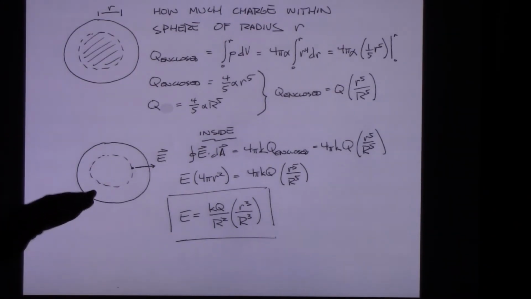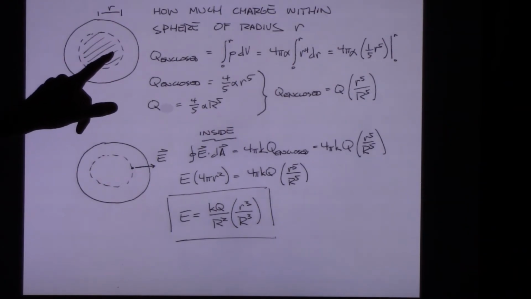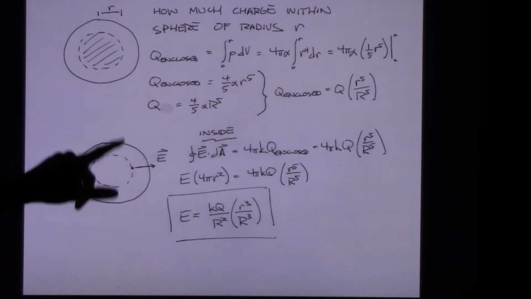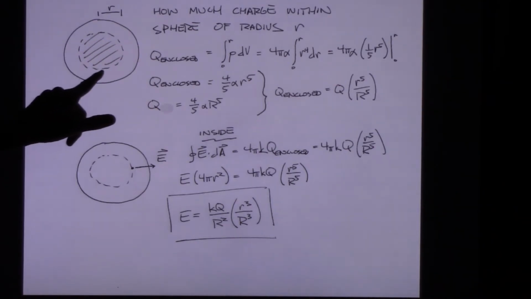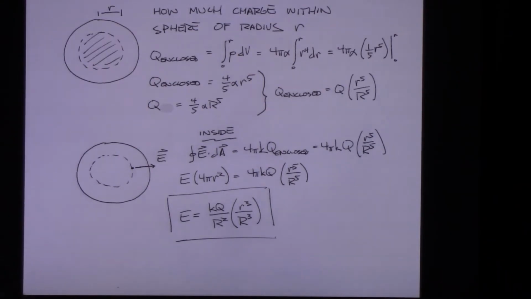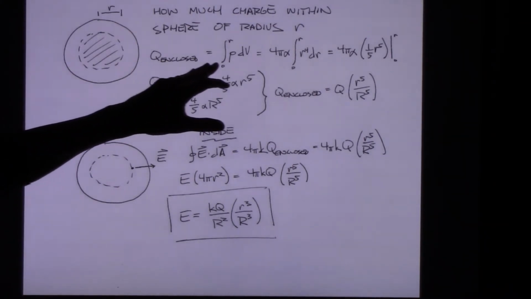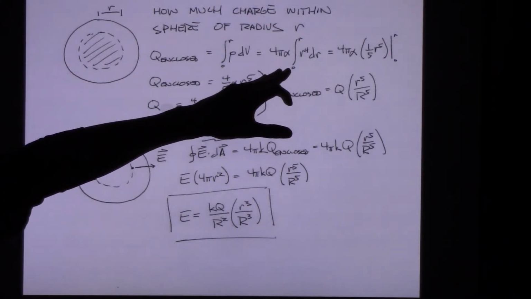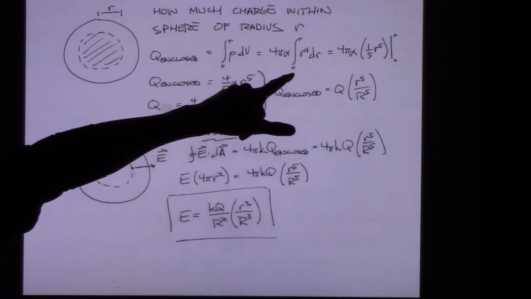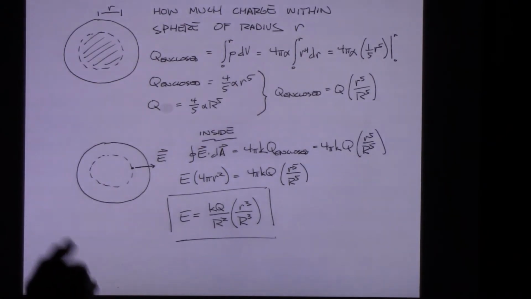So what we need to do now in order to calculate the electric field at a point inside that charge distribution is I need to find for a certain radius little r how much charge is enclosed within that radius. So we're going to go back and carry out the very same charge calculation, but this time the integration is going from 0 to little r.